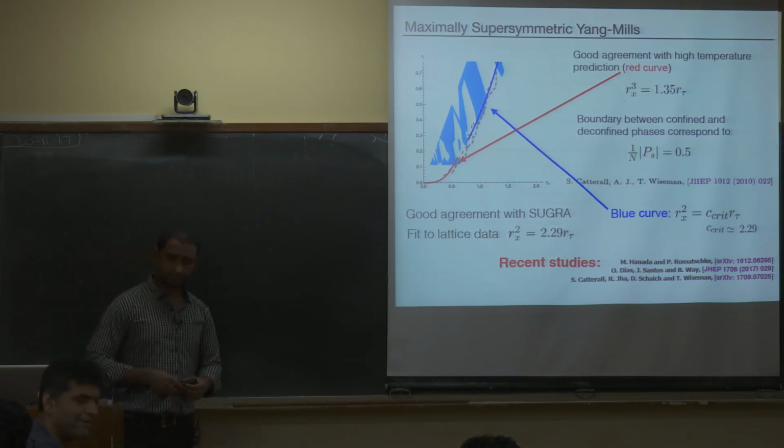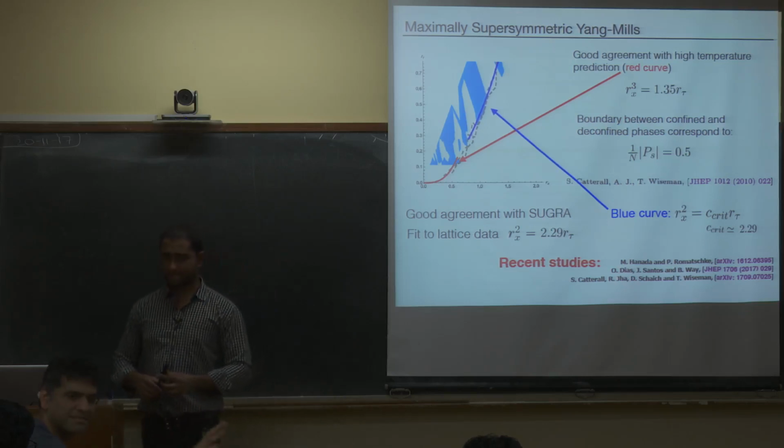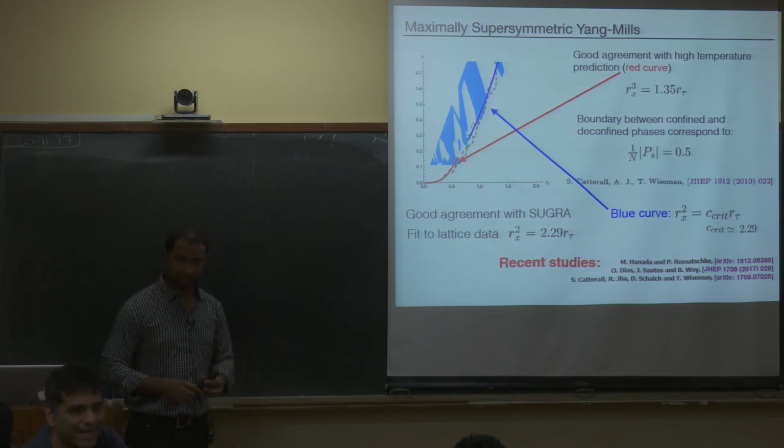It becomes effectively Euclidean quantum mechanics in the spatial direction. That is like bosonic matrix quantum mechanics, which has a confinement-deconfinement transition. The effective coupling of that bosonic quantum mechanics is related to the size of the X circle because of dimensions. That's it.